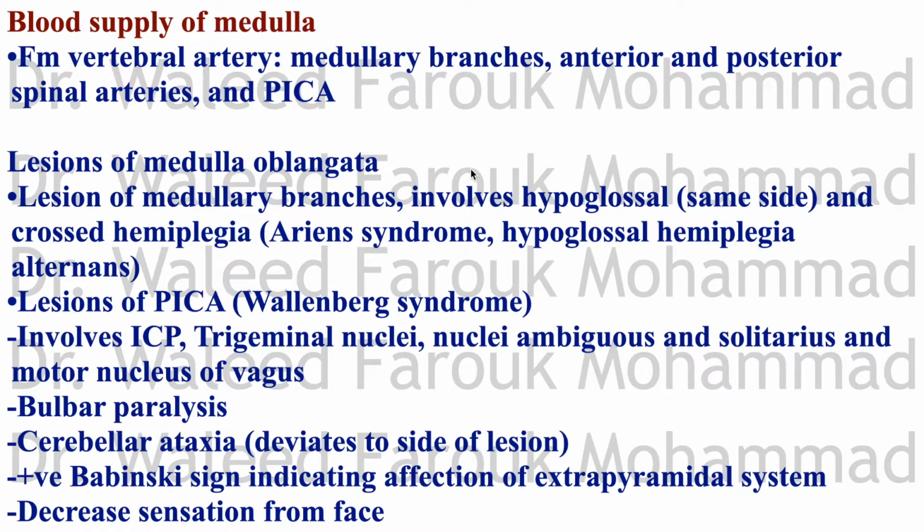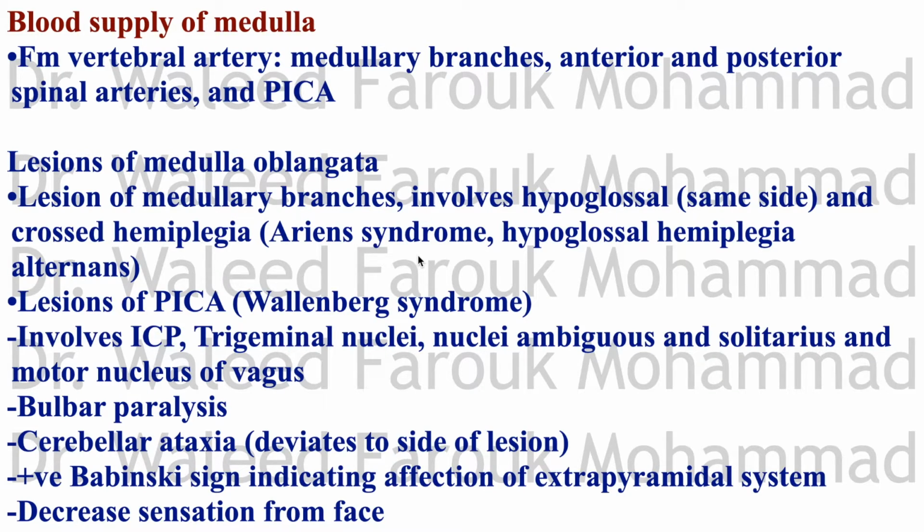The pyramid contains the corticospinal tract, which is the main motor pathway from the cortex to the rest of the body. It's called the Avellis-type syndrome, or hypoglossal hemiplegia alternans. Hypoglossal because the hypoglossal on the same side and the corticospinal involves the crossed hemiplegia or the contralateral hemiplegia.